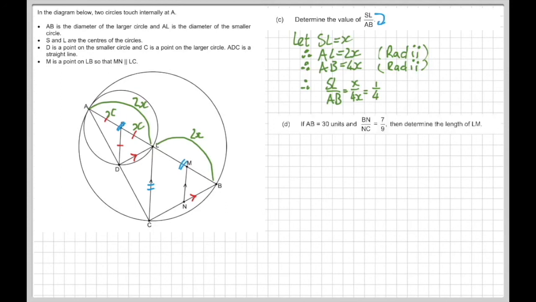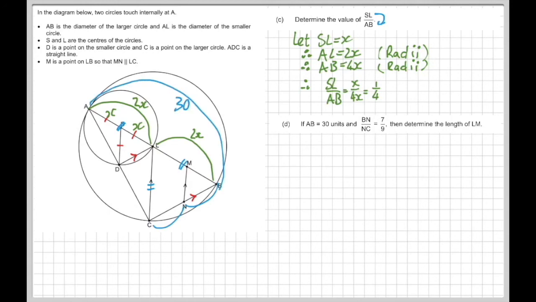The next question asked, if AB is 30 units and BN over NC is 7 over 9, oh, I love this because we're now starting to look at that bottom triangle with the parallel lines, Theorem 1. Then determine the length of LM. So let's first write in on the sketch what we've got.